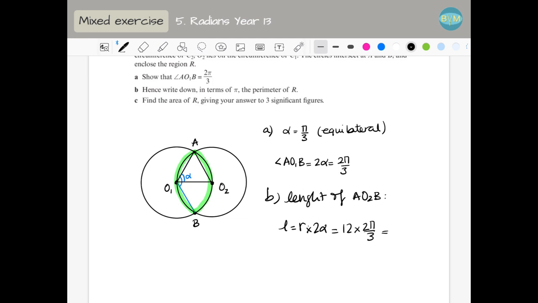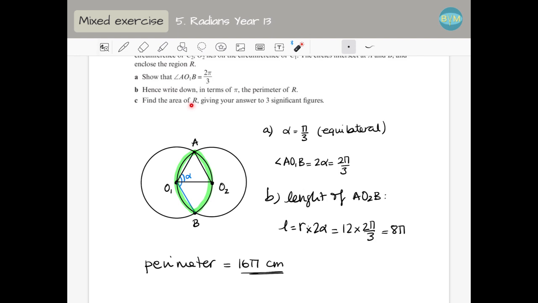So this is 8 pi, and this is half of the perimeter because this is symmetrical. Half is going to be twice that. So the perimeter is going to be 16 pi centimeters. Double that. So this is one arc, this is the other arc.